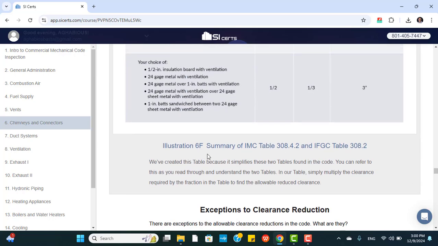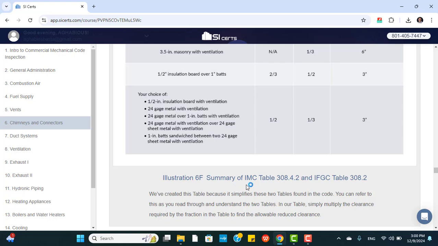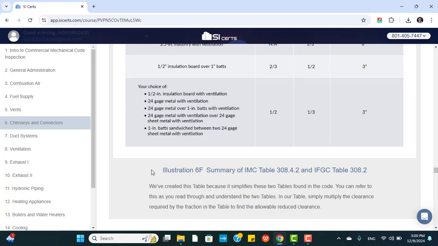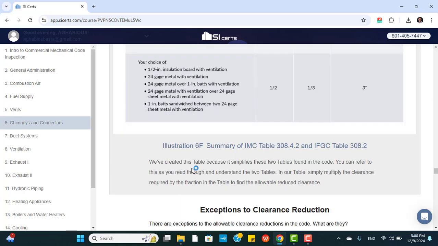Illustration 6F, Summary of International Mechanical Code Table 308.4.2 and International Fuel Gas Code Table 308.2. We have created this table because it simplifies these two tables found in the code.